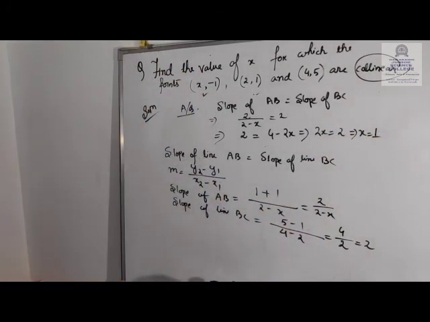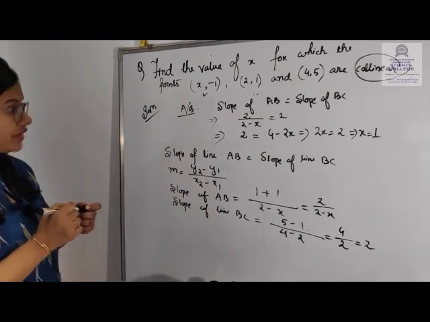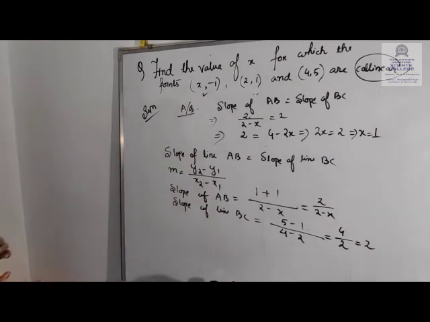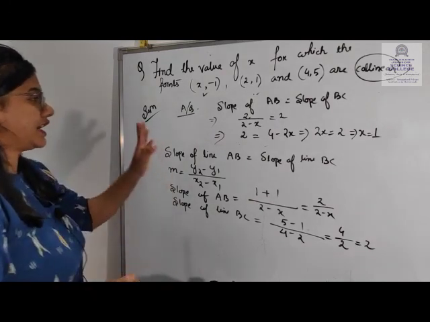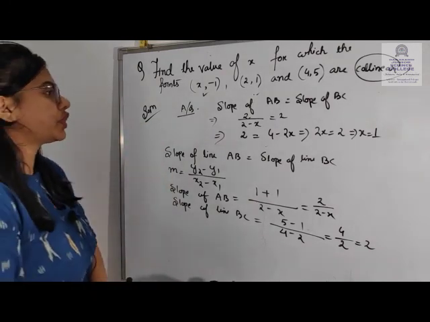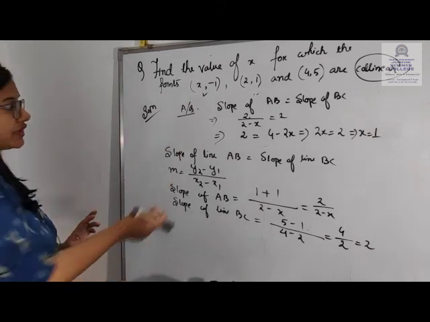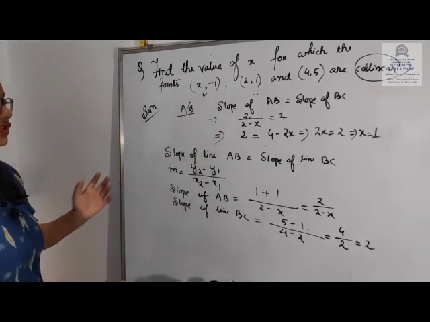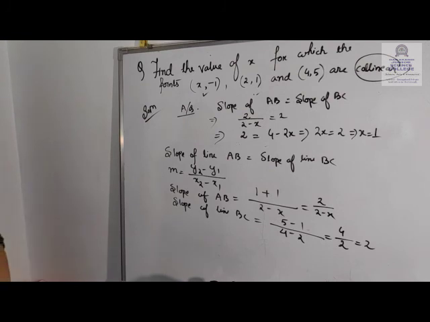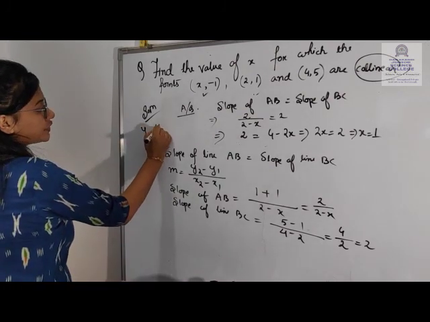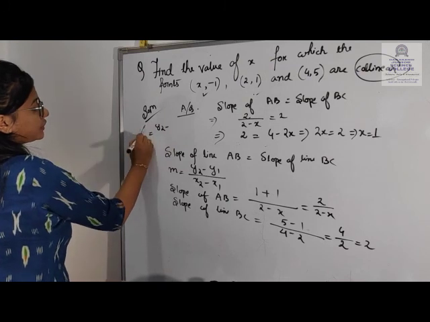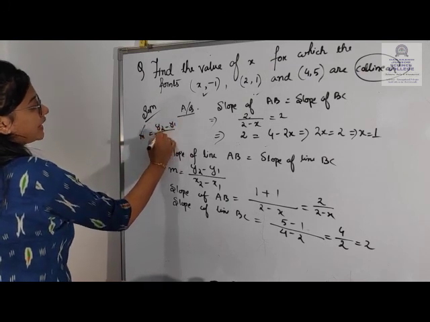So in the question we are given 3 points and we have to find the value of x such that the points are collinear. First of all, I calculated the slope of AB, because 2 points are given, so we can easily find the slope. The formula is m equals (y2 minus y1) by (x2 minus x1).